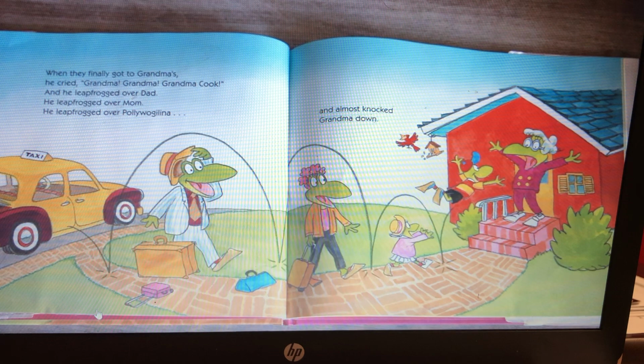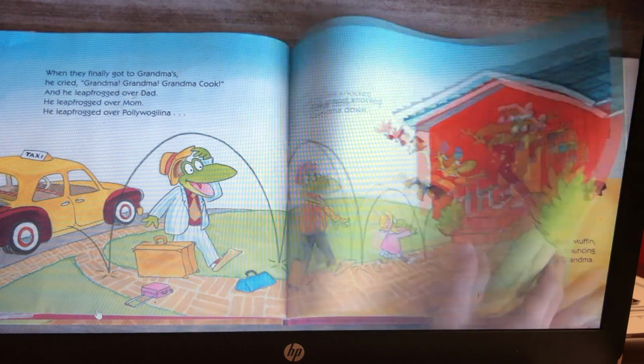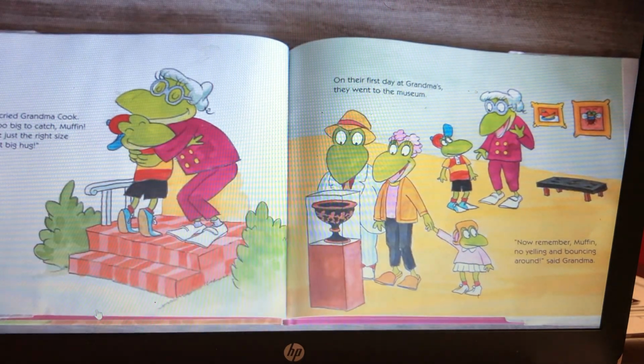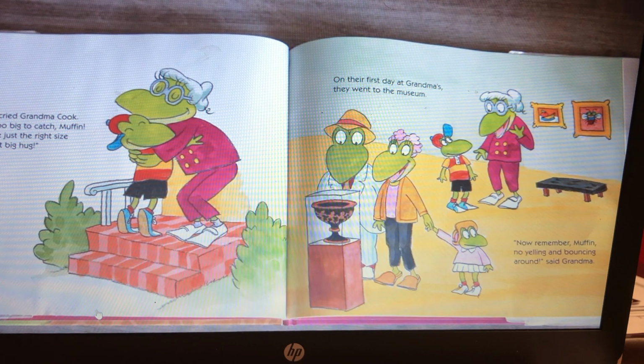And he leapfrogged over Dad. He leapfrogged over Mom. He leapfrogged over Polly Wagalina and almost knocked Grandma down. Whoa, cried Grandma Cook. You're too big to catch, Muffin, but you're just the right size for a great big hug.